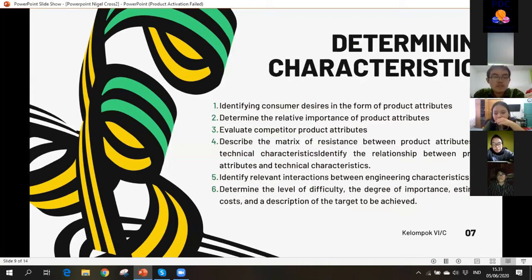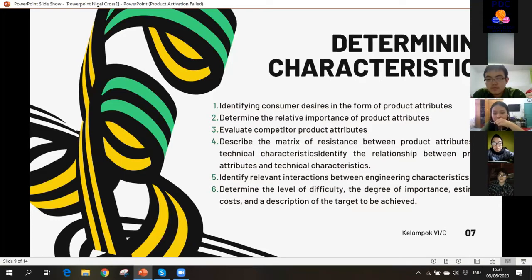The steps are: first, identify customer desires in the form of product attributes. Second, determine the relative importance of product attributes. Third, evaluate competitor product attributes. Fourth, describe the matrix of resistance between product attribute and technical characteristic, and then identify the relationship between product attributes and technical characteristic.